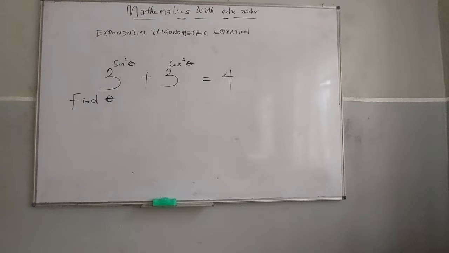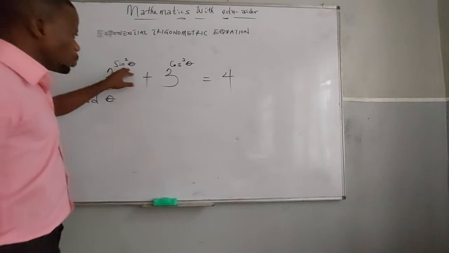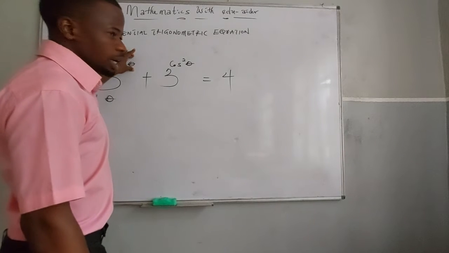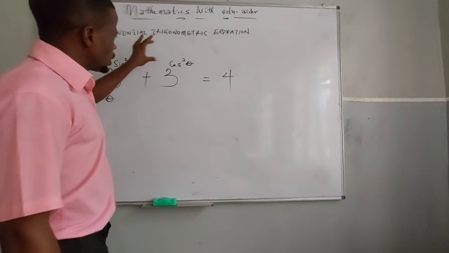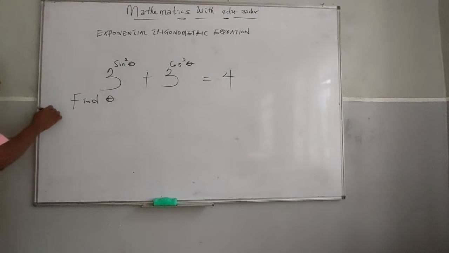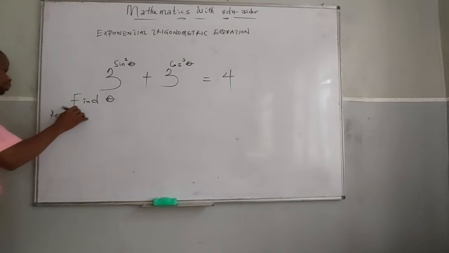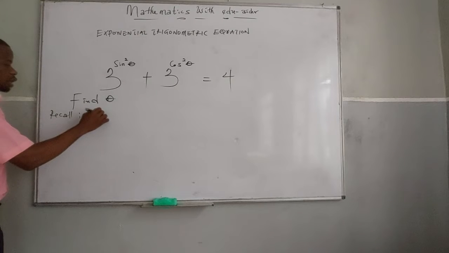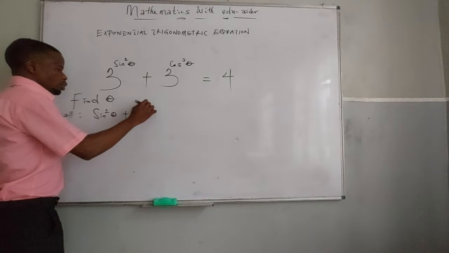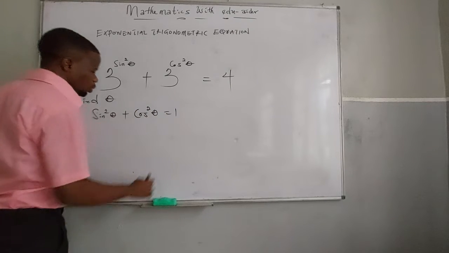How do we go? Looking at this question, let's look for a trig identity that connects this and this together. Let's start from there. If you recall that sine squared theta plus cos squared theta is equal to 1, right?